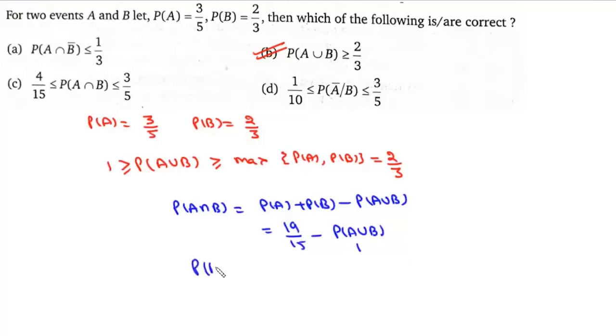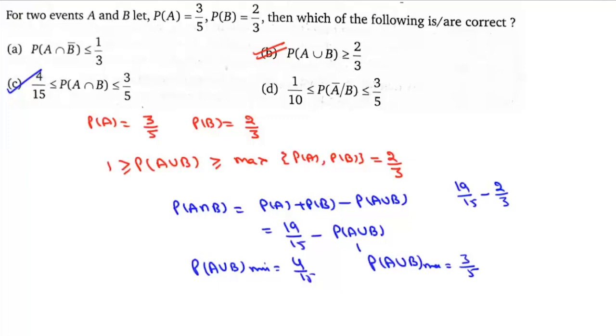So the minimum value of P(A intersection B) will be 4 by 15, and we'll get its maximum value when A union B is minimum, which is 2 by 3. So 19 by 15 minus 2 by 3 will be simply 9 by 15, which is 3 by 5. So that means this option C is also correct.